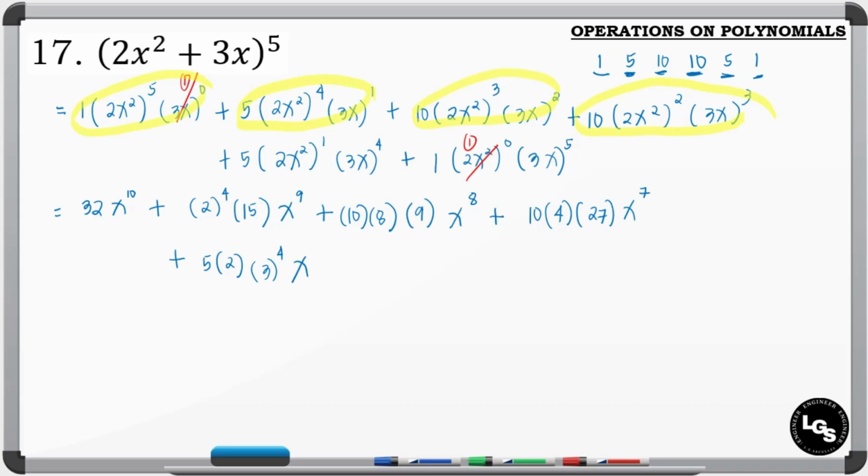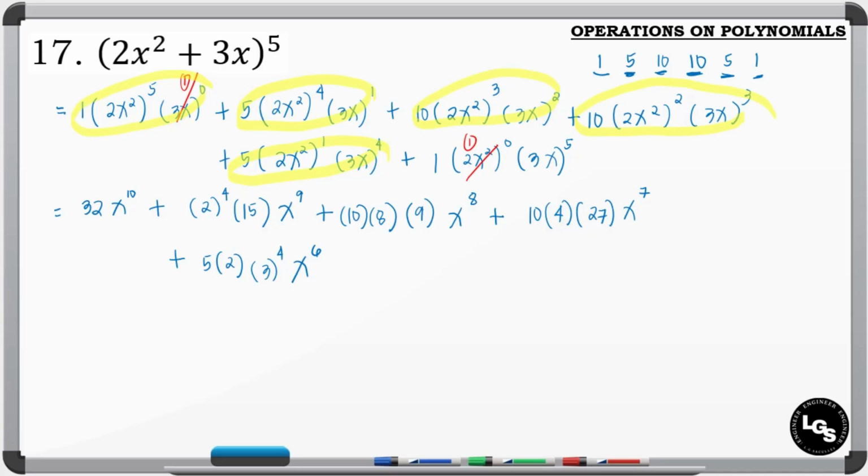Then for the x variable, so this is x squared raised to 1, so that is 2. Then the other one, x raised to 4, so 2 plus 4, that is 6. So we're good with this one.